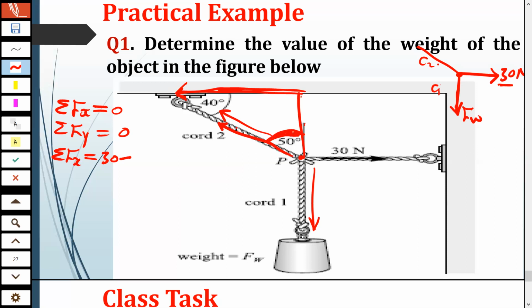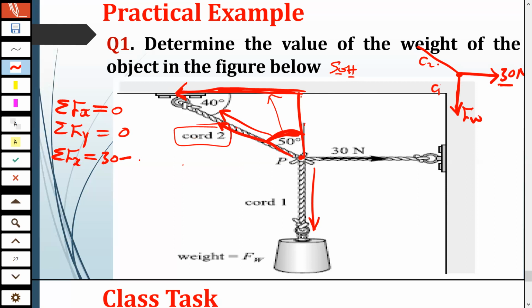So if the angle there is 50, meaning this is going to be my what? The X component is going to be my opposite. So if we're using opposite according to SOH CAH TOA, opposite and hypotenuse, which is cord 2, we are using sine.